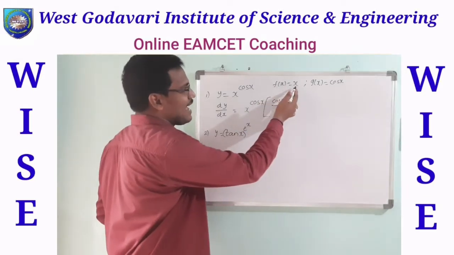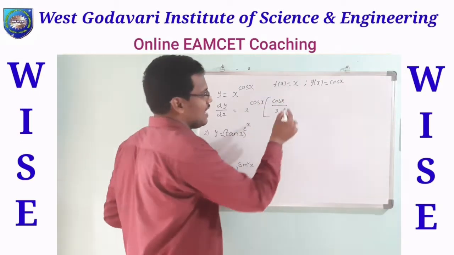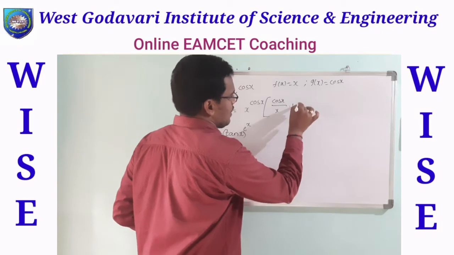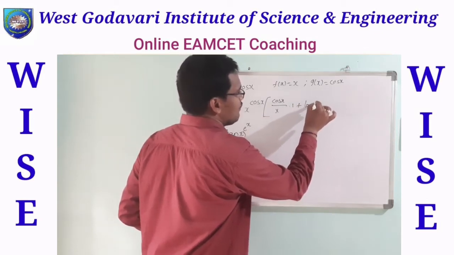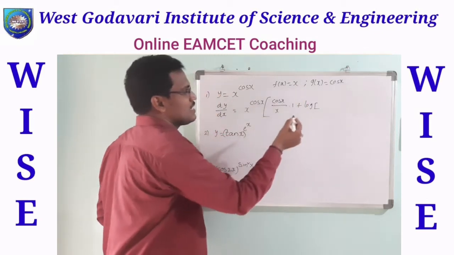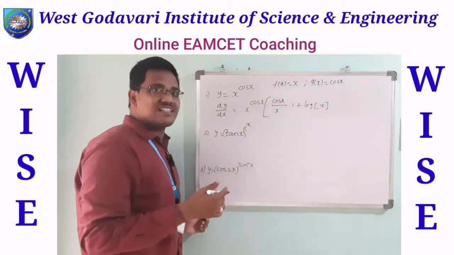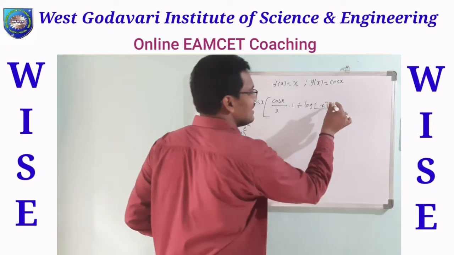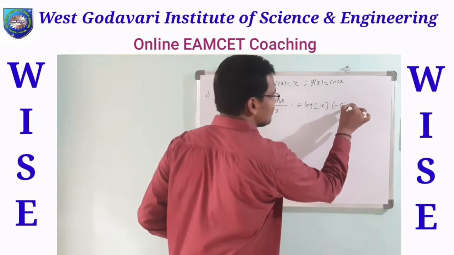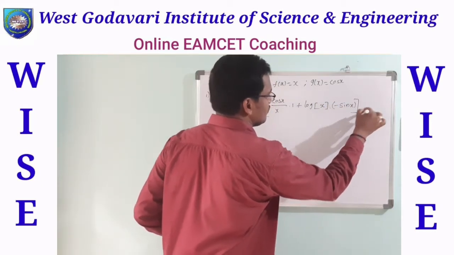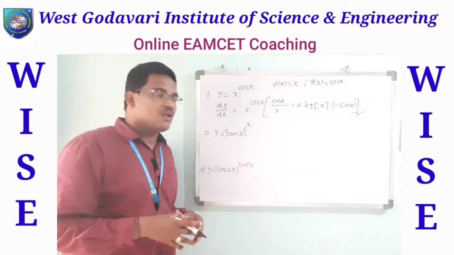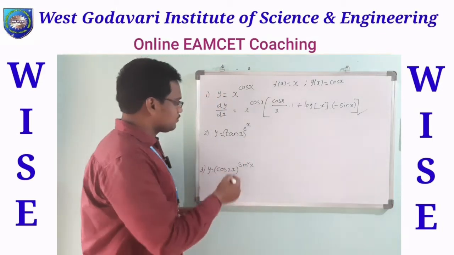Here f of x is x, then f dash of x is 1, plus log f of x. Log f of x is log x into g dash of x, d by dx of cos x, that is minus sin x. That's all.